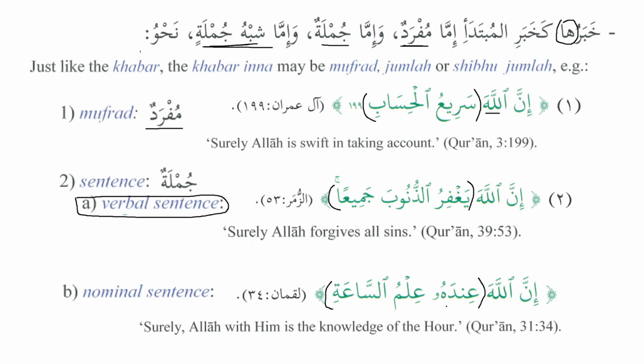So let's focus on that. We will say ilmu sa'ati is mubtada and indahu is khabar muqaddam. So this is the complete nominal sentence. However, when we talk about inna, ismul jalala is ismu inna and indahu ilmu sa'ati is khabaru inna. The complete nominal sentence is khabaru inna.